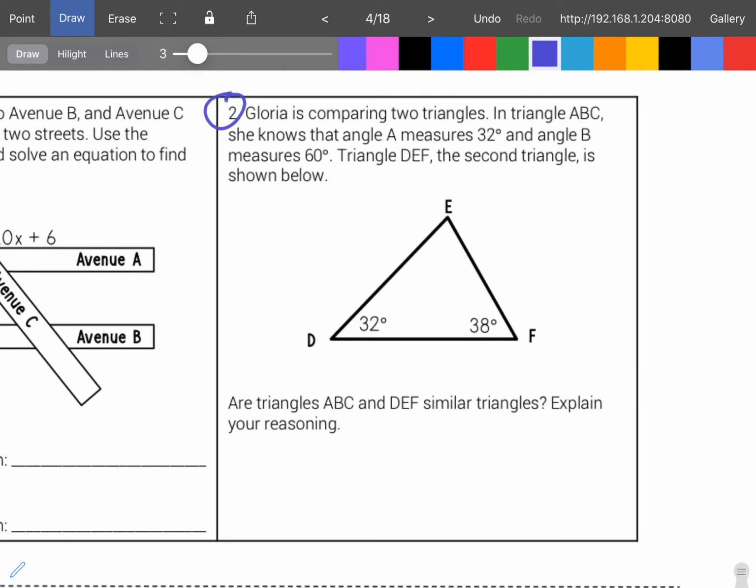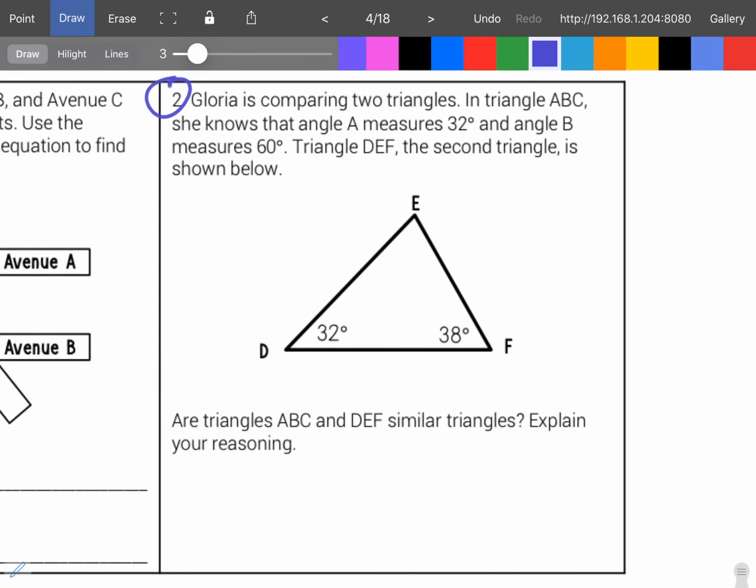It says Gloria is comparing 2 triangles. In triangle ABC, she knows that angle A measures 32 degrees and angle B measures 60 degrees.